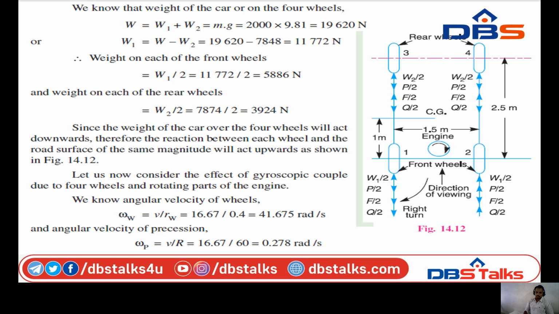So there is a difference of the total weight and the rear axle weight. The difference is 11,772 newton.